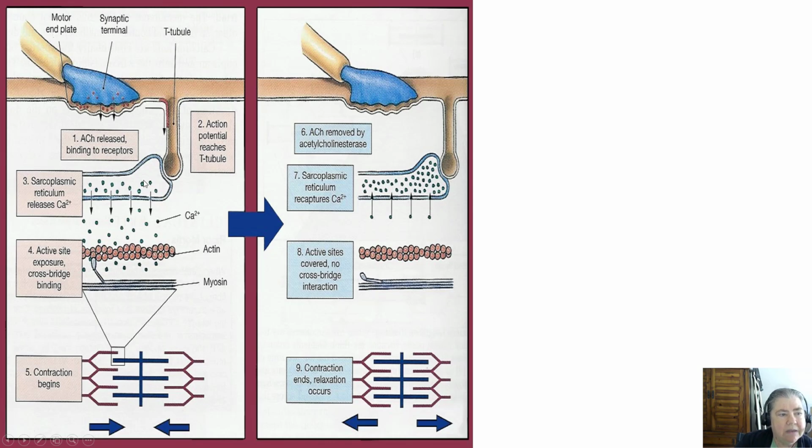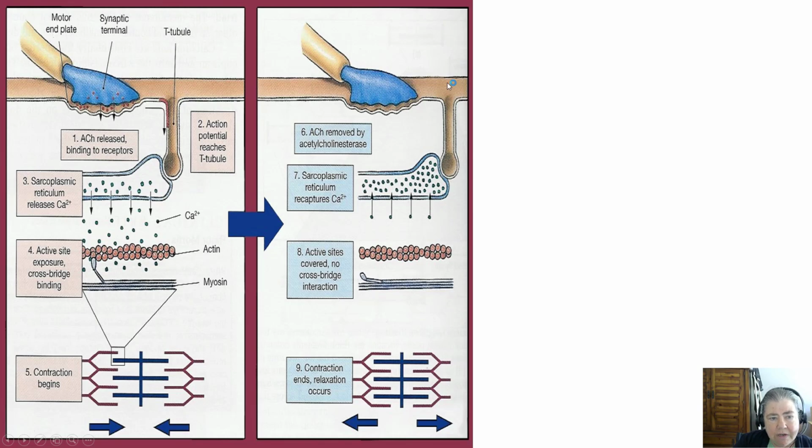Also, there is the sarcoplasmic reticulum. So when the acetylcholine binds to receptors, we open gated channels, allowing the release of calcium, which binds with actin, allowing the actin to interact with the myosin and contract the muscle.